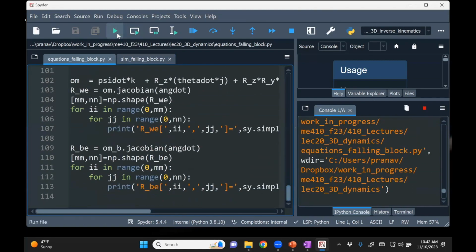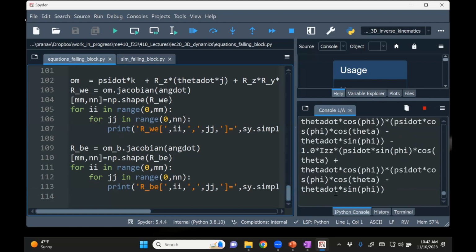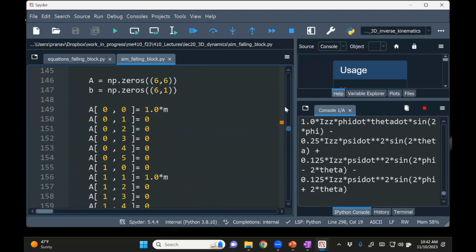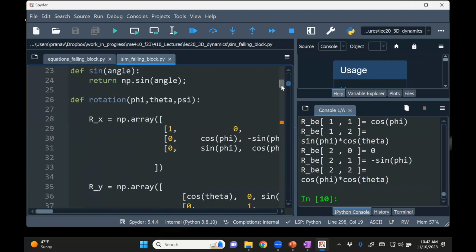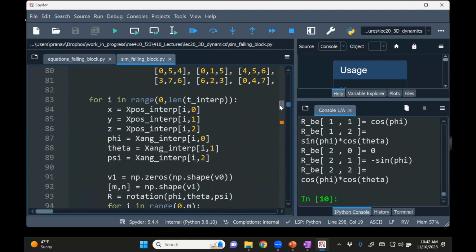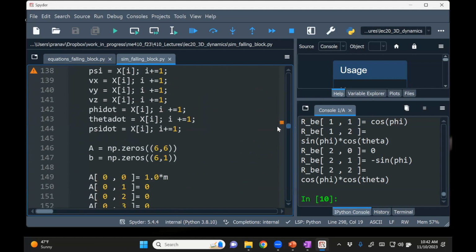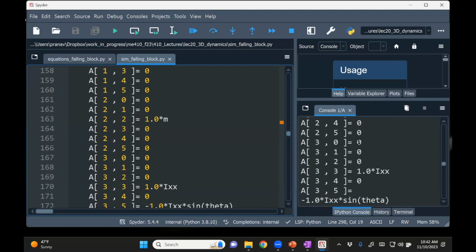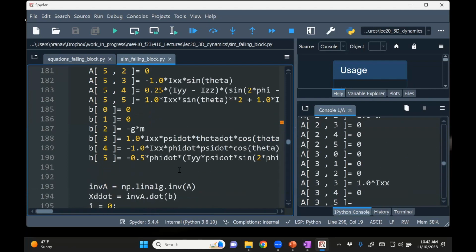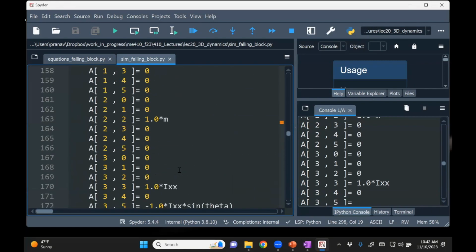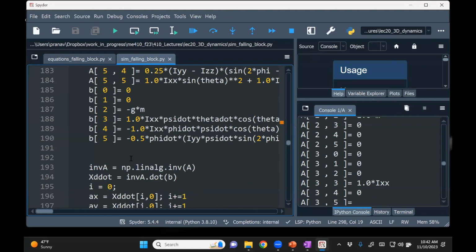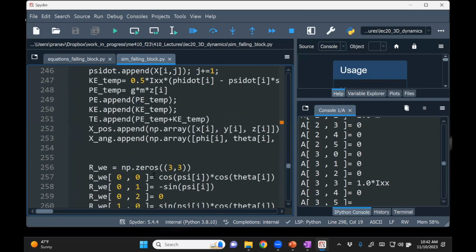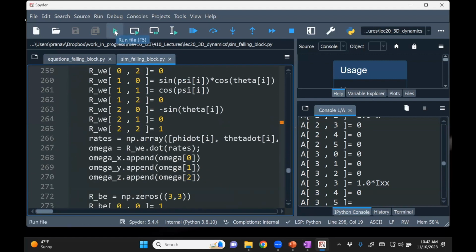So run this. It gives you a bunch of things which need to be copy pasted into the falling block file, along with the parameters, but the equations should be buried in. The A matrix came from the equations from here. You can see this A, the same thing was pasted here. Then there should be a B somewhere. B is here. And then A inverse B, pretty much the same thing, X, which we've done for two-dimensional problems.